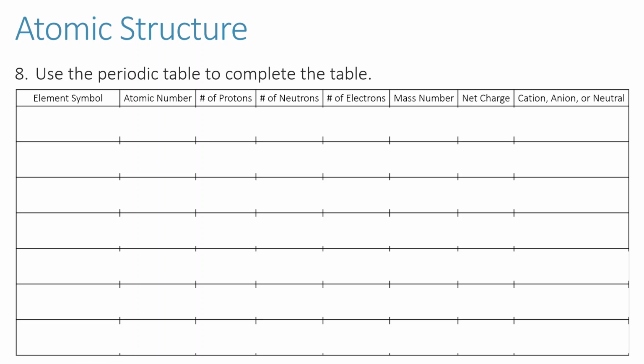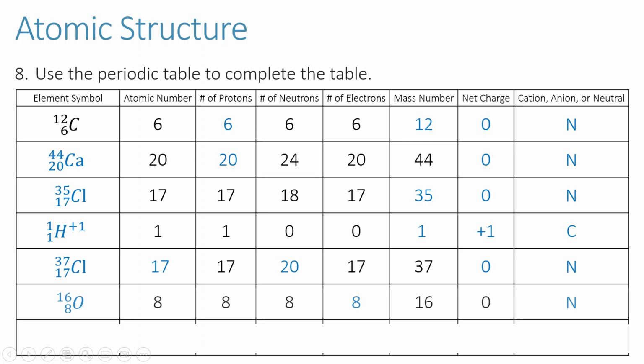You can go ahead and pause the video now and spend a little bit of time practicing these, and then when you're ready to check your work, you can return here. So here are the correct answers. Make sure that you are including the element symbol with the atomic number and mass number as well.